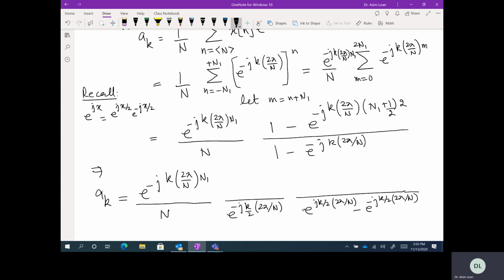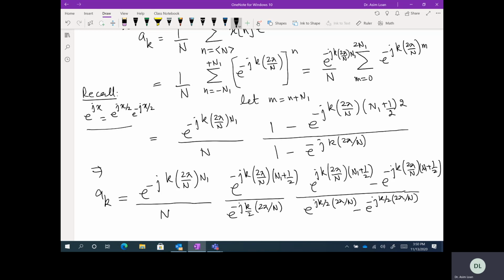If we do that, and I multiply these two, obviously e to the minus jx into e to the plus jx is 1. And when I do e to the minus jx by 2 into e to the minus jx by 2, I get this term over here. And over here, I take out e to the minus jk 2 pi by n into n1 plus half. Because this is already 2, if I take this half out, I'll have e to the jk 2 pi by n into n1 plus half minus e to the minus jk 2 pi by n into n1 plus half.